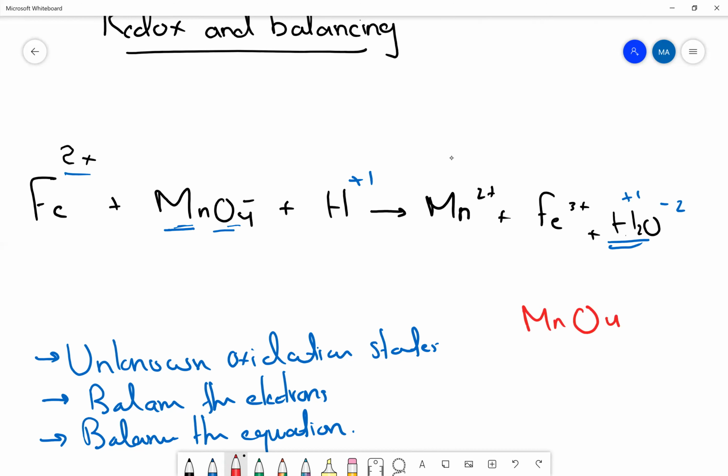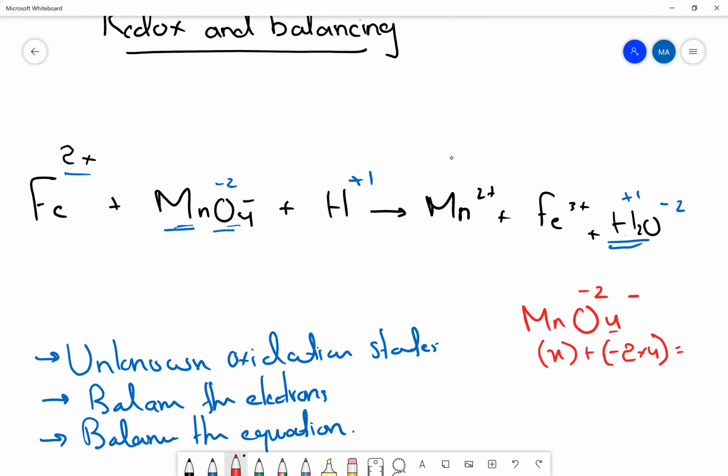MnO4, the whole charge is negative. Oxygen we already know is -2, so we can write it down here. Now we're just left with Mn. We're going to apply those same unknown oxidation rules. Mn is X. Oxygen is -2 times 4 because 4 is a subscript, so we multiply it with the oxygen.